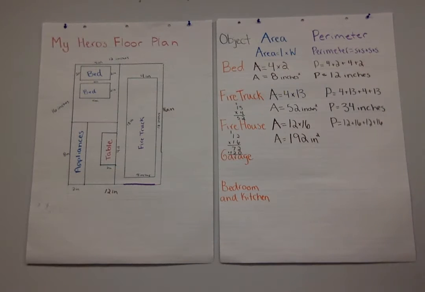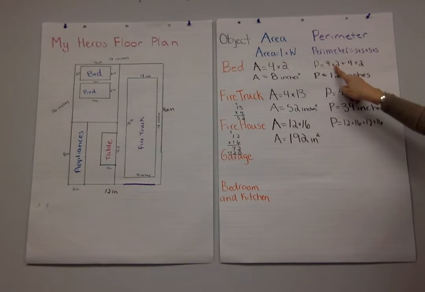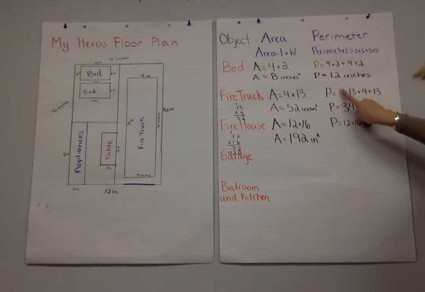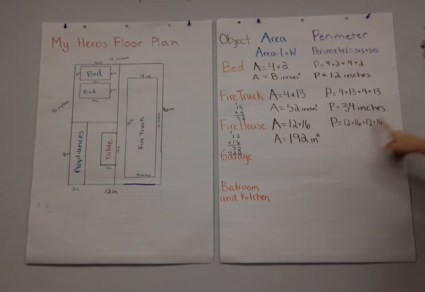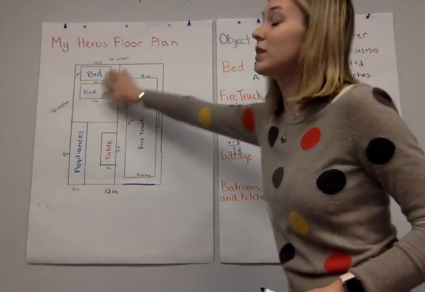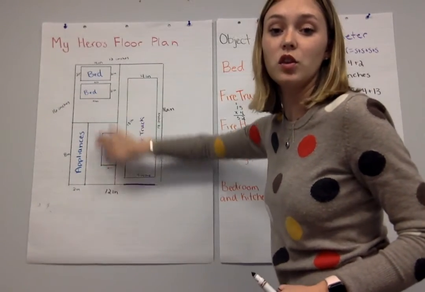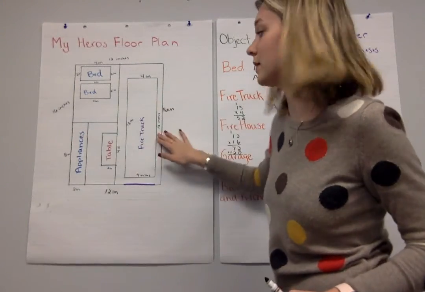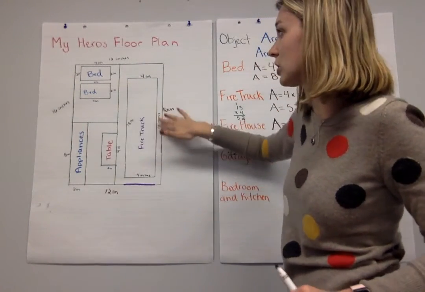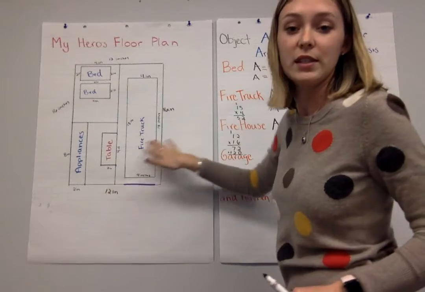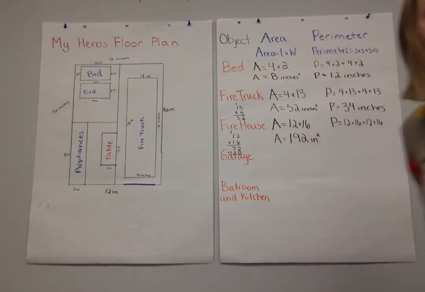Are you noticing a pattern that we do 4, 13, 4, 13, 12, 16, 12, 16? We're using the same numbers because we're using rectangles. So these sides should be the same, and these sides should be the same, just like 4 and 4, 13 and 13, 12 and 12, 16 and 16.